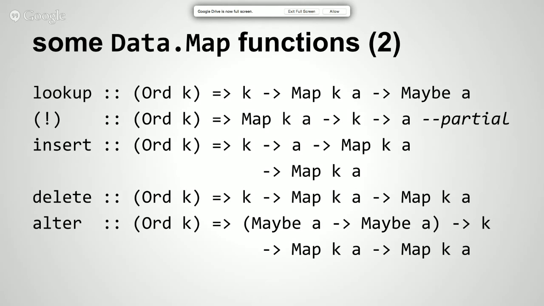But if you want Haskell to do that, you can make it do that using the bang operator, the infix bang, which even more confusingly reverses the argument order, so it takes the map first. You probably should not use bang, but it's there.